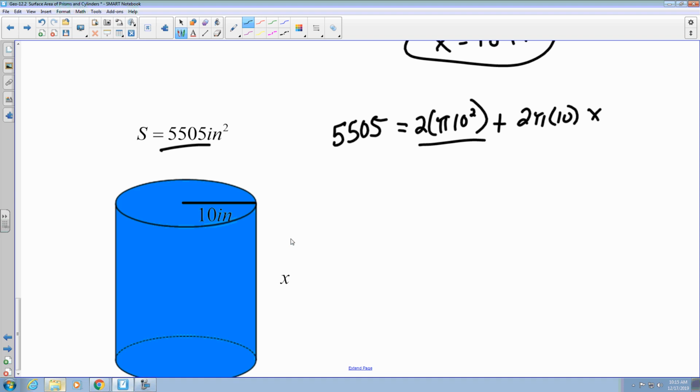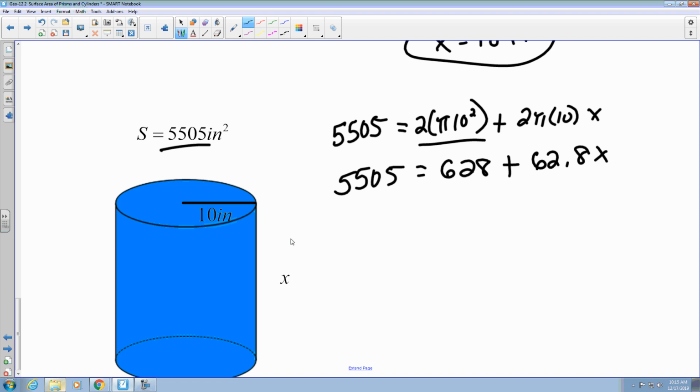So going about solving this, I'll look at this one first. 10 squared is 100. Times that by 3.14, I get 314. Times it by 2, so I got 5,505 is equal to 628 over here, plus, now if I go 10 times 3.14 times 2, I get 62.8x over here.